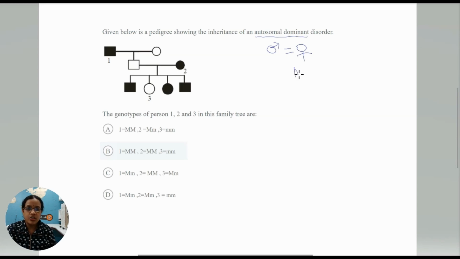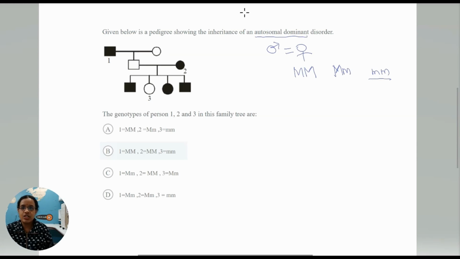Now, for a person to show the disease, he should have the genotype homozygous dominant, that is capital M capital M, or heterozygous, where a single dominant allele is present. If the person is unaffected, the one and only genotype in case of autosomal dominant disorders is small m small m. Only in this case does the person remain free from the disease.